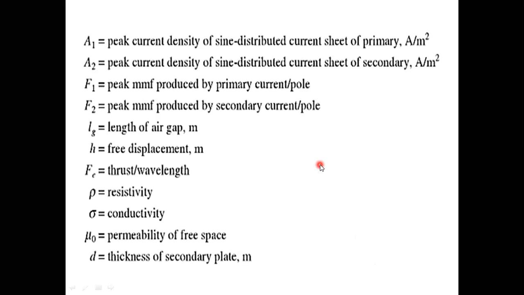Next, a sinusoidal distribution of winding is not possible in a linear induction motor. In a normal conventional induction motor, not a linear one, the rotating field is supplied from the main supply by a sinusoidal flux distribution moving within the air gap.